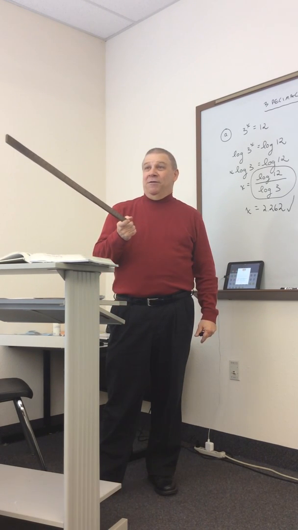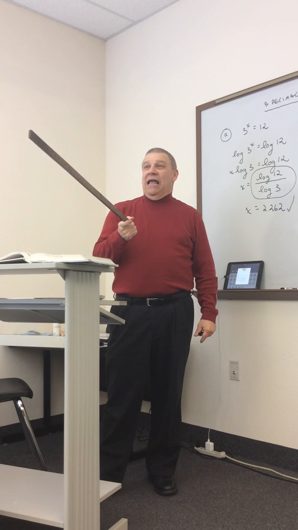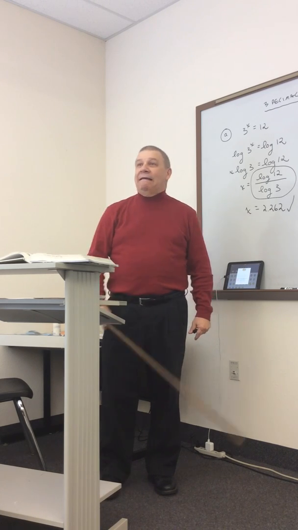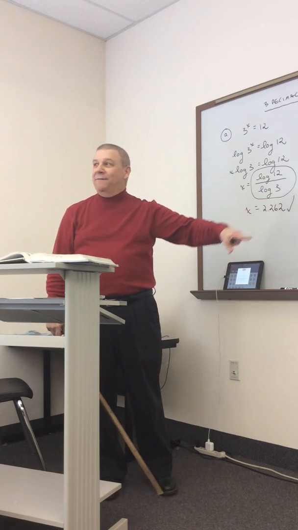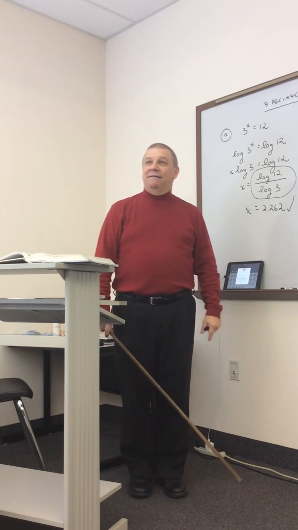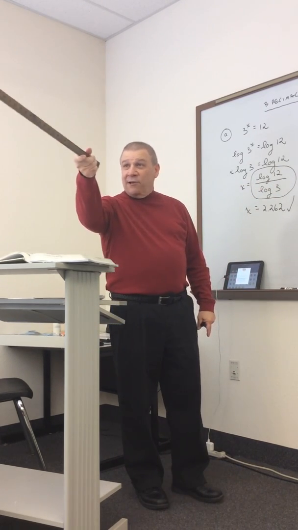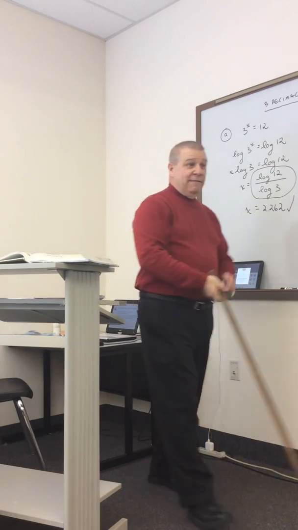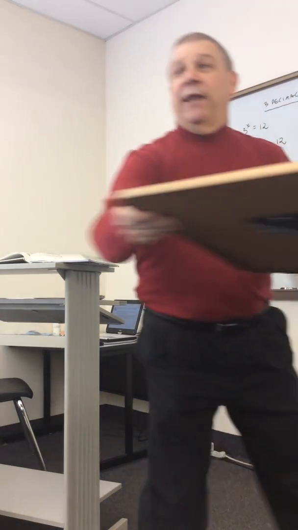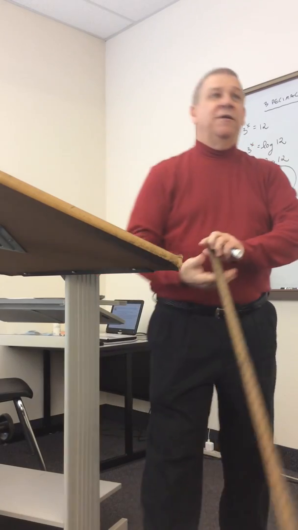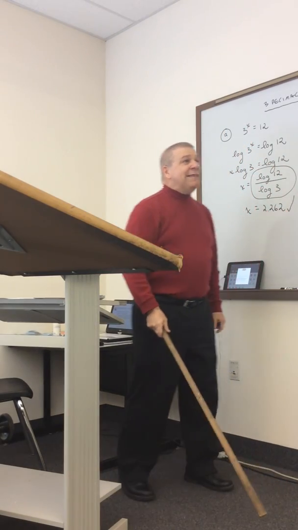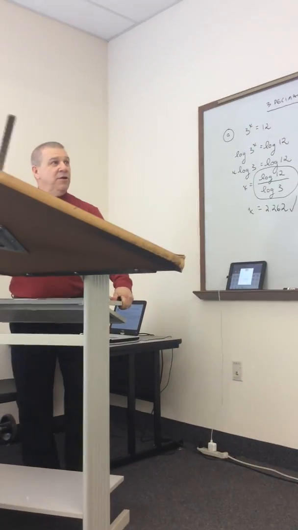The log of 2's could be canceled. Come up here! Close that front door. Let's get this out of the way here so I can swing hard. How can they?